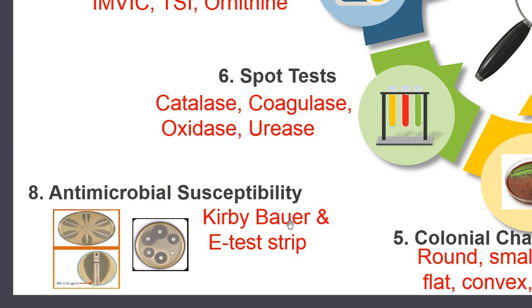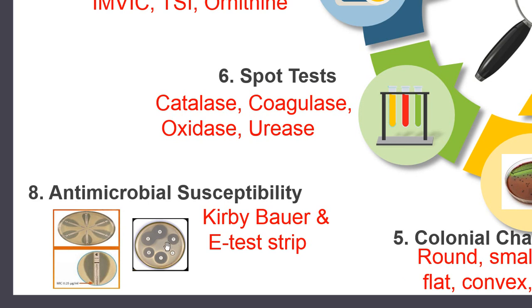When we say antimicrobial susceptibility testing, the Kirby-Bauer disk diffusion method is one of the common conventional methods that we use. On the surface of the antibacterial susceptibility media we make a lawn or consistent culture, and on that we set up different antibiotic discs with a specific concentration of antibiotic soaked in them.